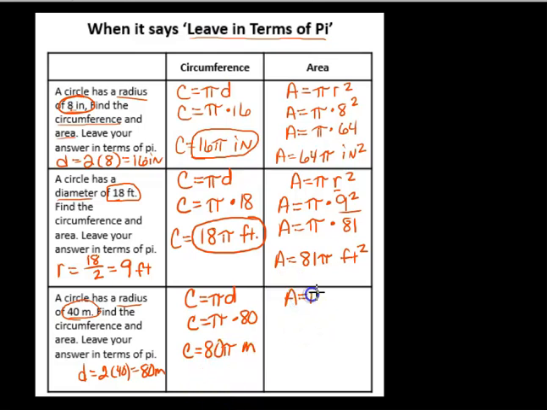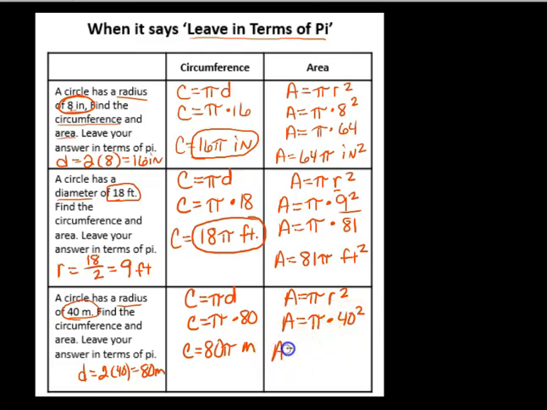Area is pi times the radius squared. I'm going to leave it in terms of pi, so I'm just going to leave that pi symbol times my radius, which was 40 squared. And 40 times 40 is 1600.